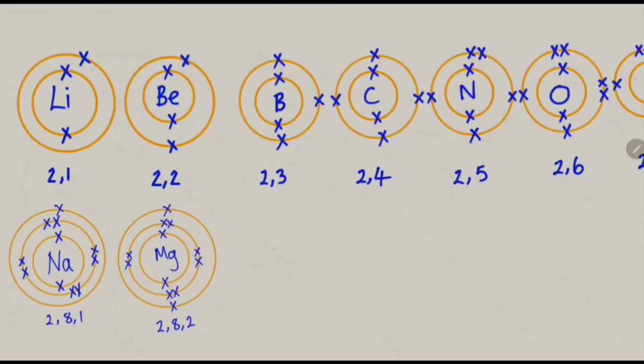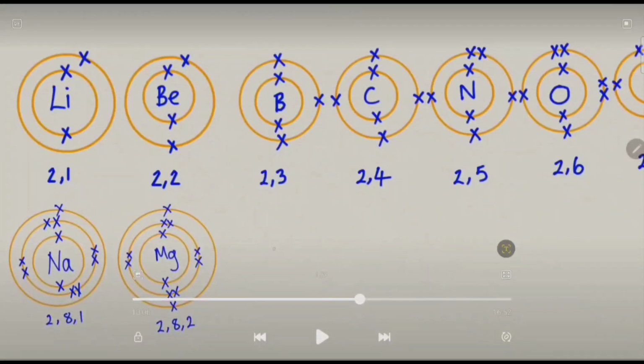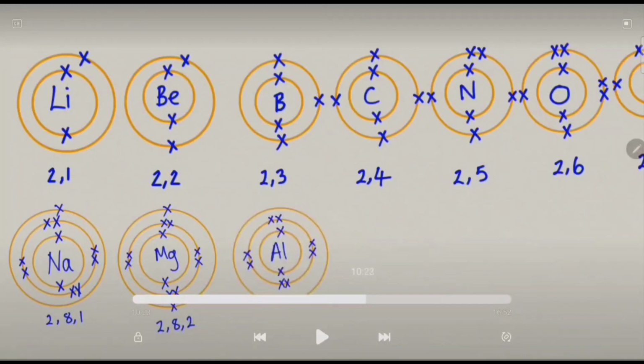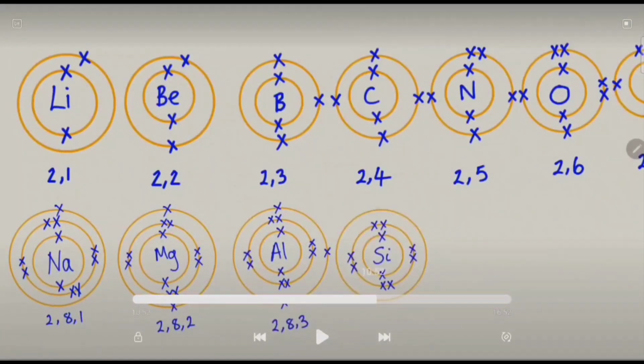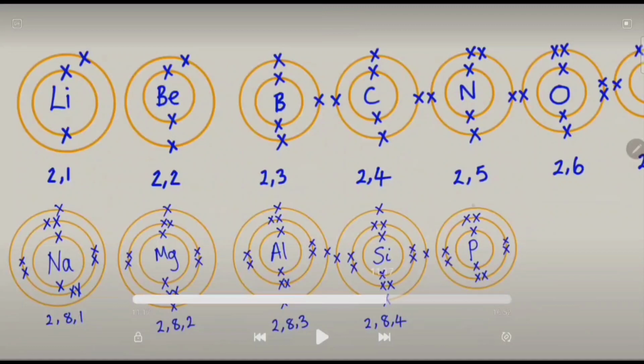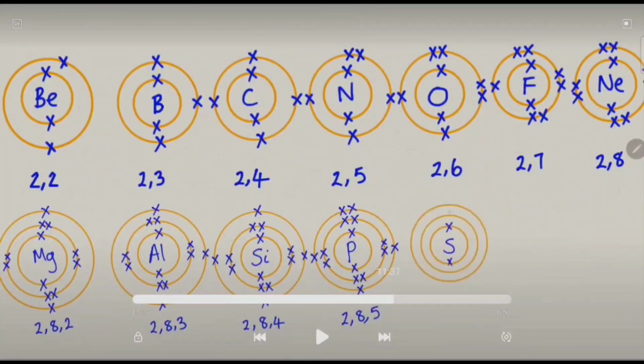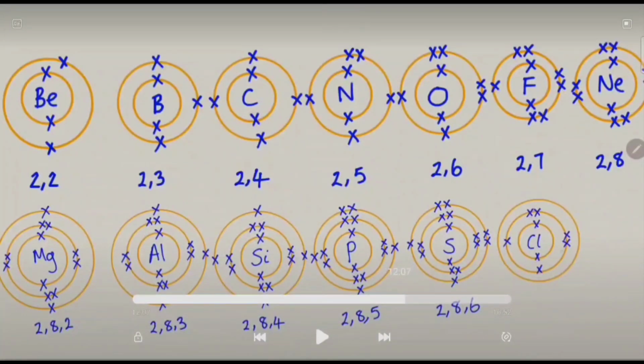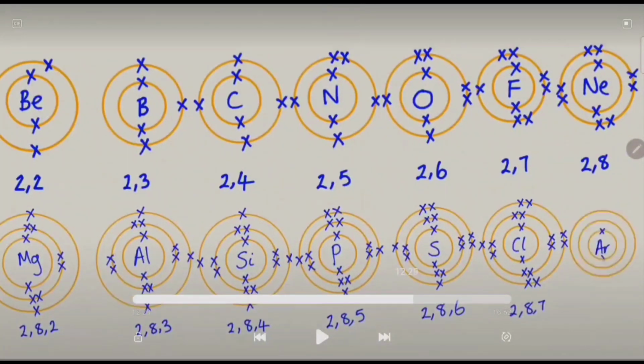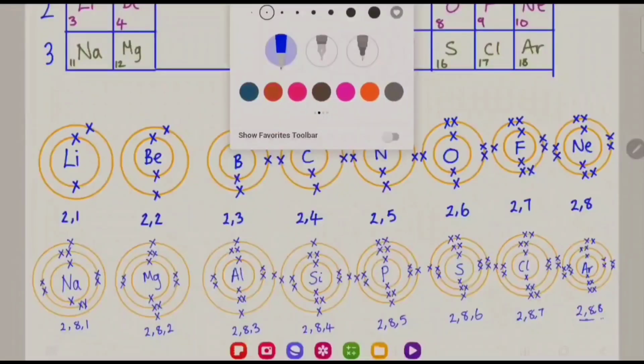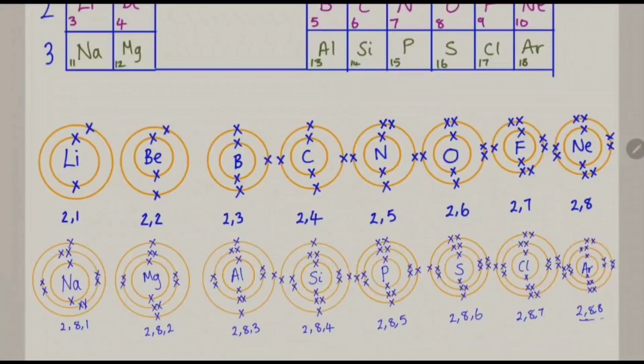I will fast forward the video so you can check your answers. Note that 8 is the maximum number of electrons that you can have in the third energy level.